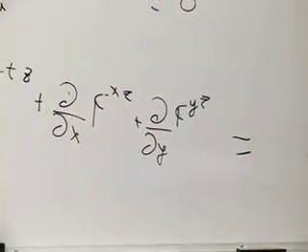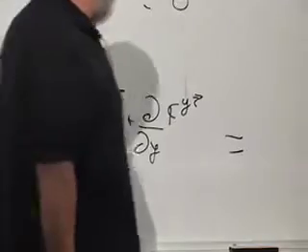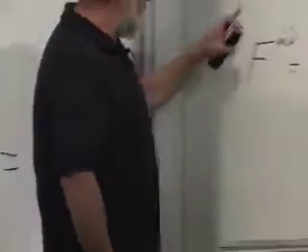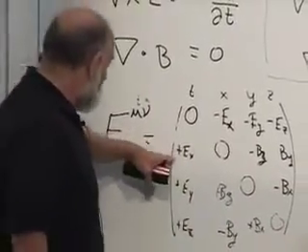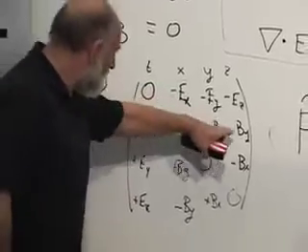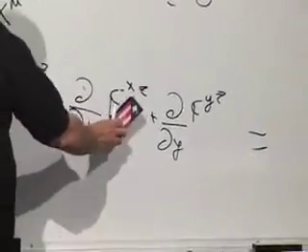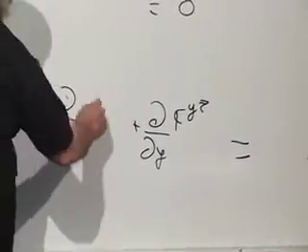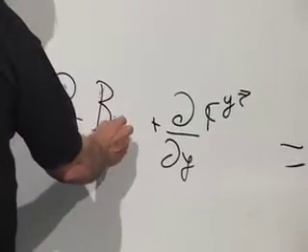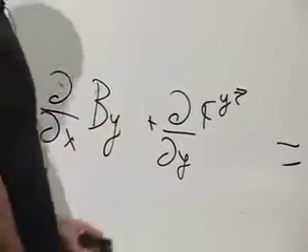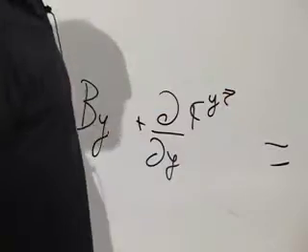And what is F x z? Well, to see what F x z is, we go to the x row and the z column. That's B y. So let's just plug it in. What is F y z?